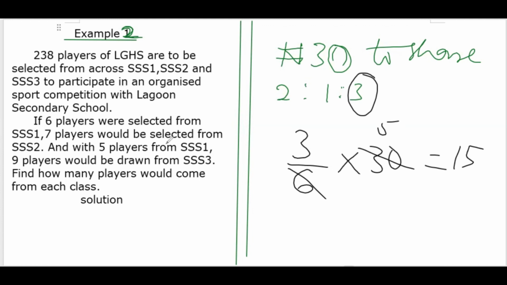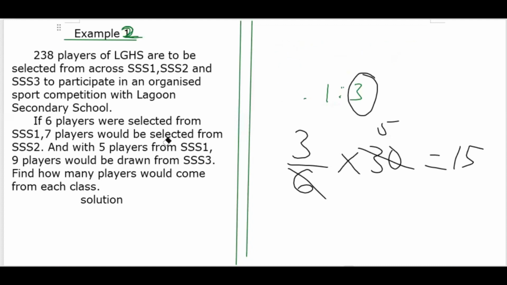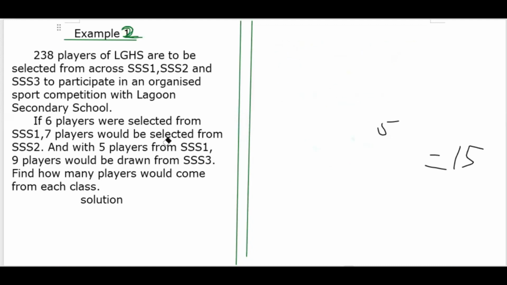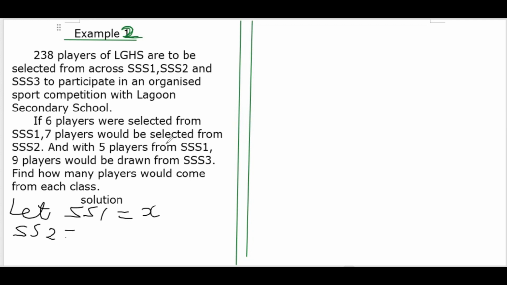To facilitate the working, we can represent, let SS1 be X, SS2 Y, and SS3 Z. So we can try and find their combined ratio X ratio Y ratio Z.